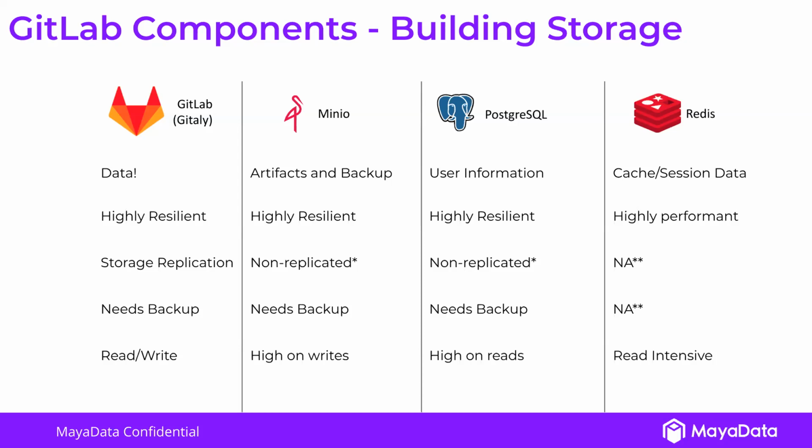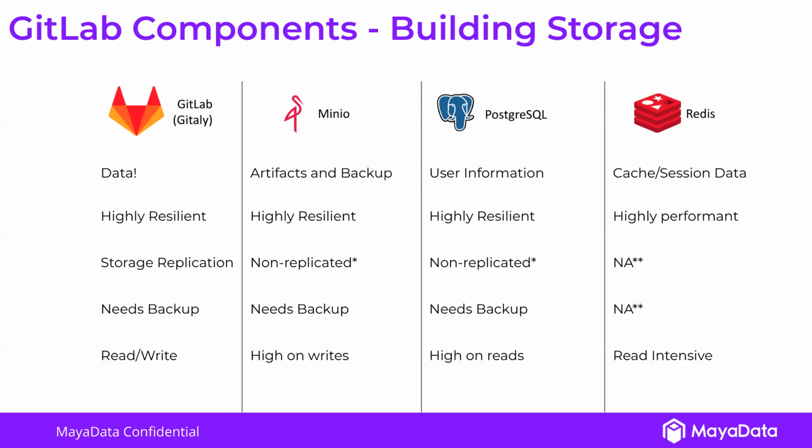But GitLab has other components as well, including an artifact registry, and so if you need resilient access to your artifacts, you might explore multi-cloud deployments with MinIO, various failover scenarios for that.